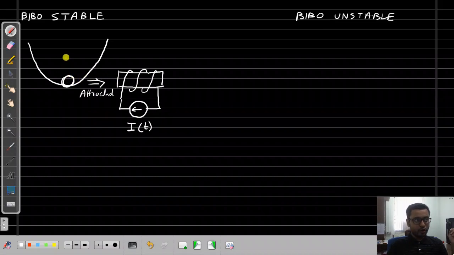So let me call the position of this ball in the horizontal direction x(t). This is the output. Okay, to be consistent, let me rather call it y(t) for the output, and this current is the input.